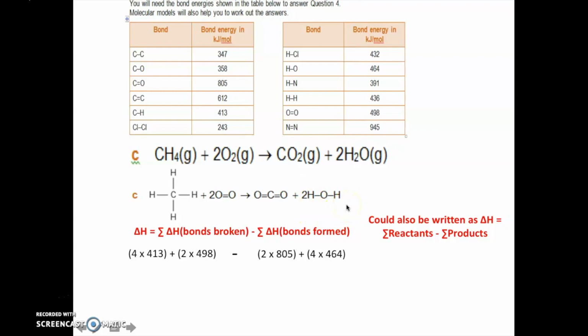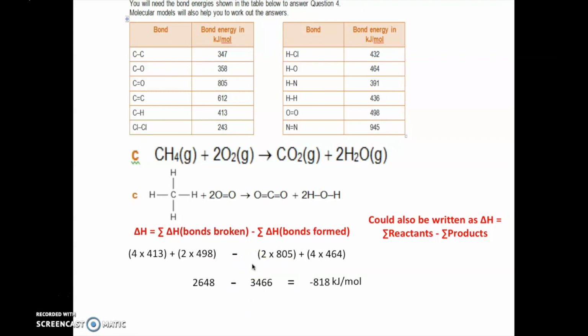Right, and then all you have to do is put these numbers into the calculator. On this side, you get 2,648. And obviously remember the minus sign in the middle. On this side, you would get 3,466. And then you just take those away from each other, which will give you minus 818. Again, don't forget the units, kilojoules per mole.